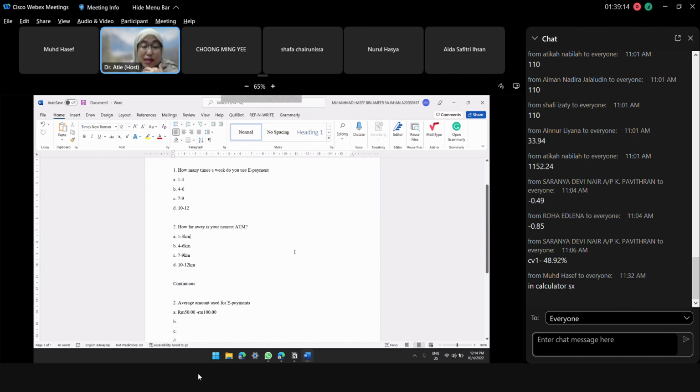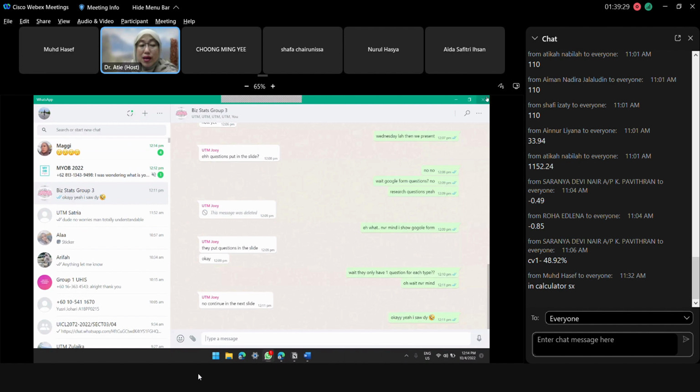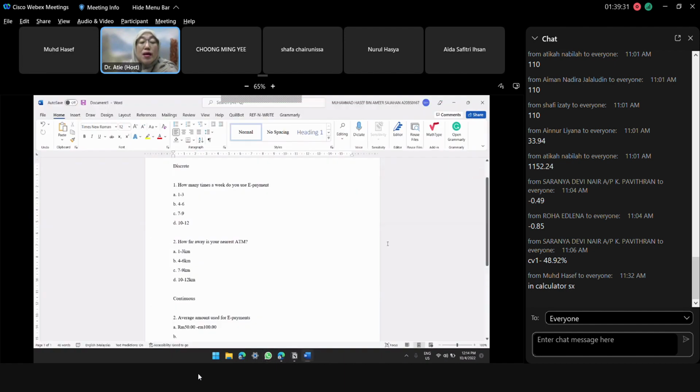What I noticed is that you only have categorical data, qualitative data. Because you said here, this one is discrete, for everybody else, please listen carefully. This is not discrete data. Why? This one is already categorical data because you already put in 1 to 3, 4 to 6. When we say discrete, they must provide exactly the exact number.